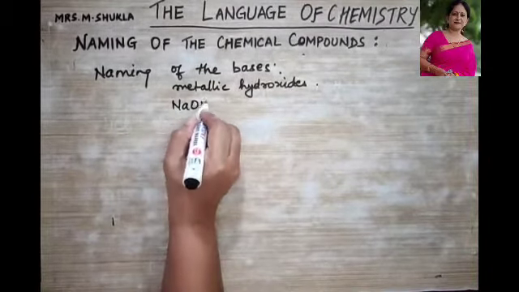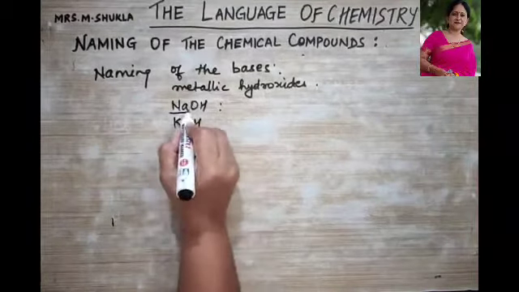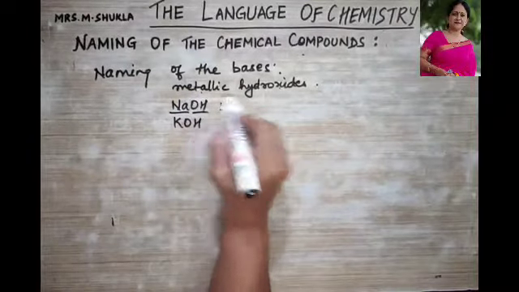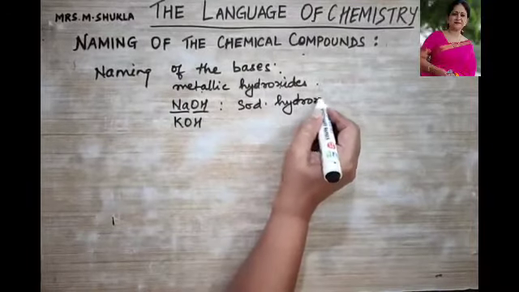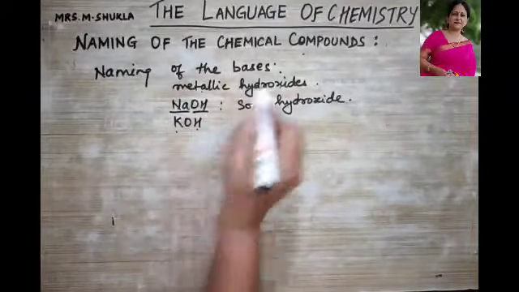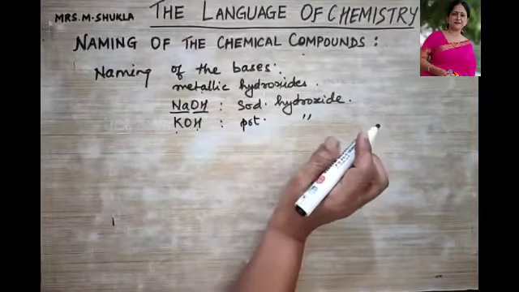Example, NaOH or KOH. So how do you name this? Sodium hydroxide, metallic hydroxide, sodium hydroxide. Clear? Potassium metallic hydroxide, potassium hydroxide.